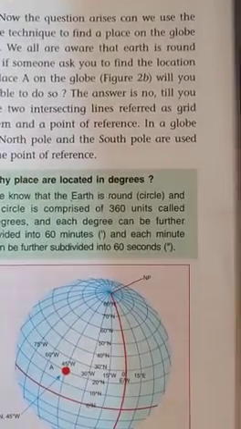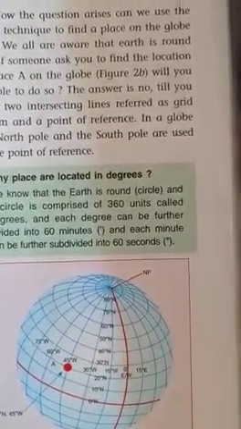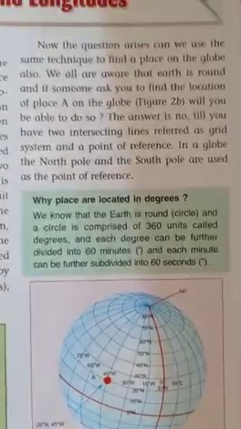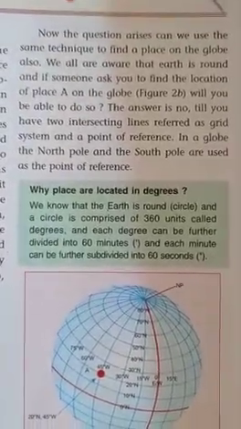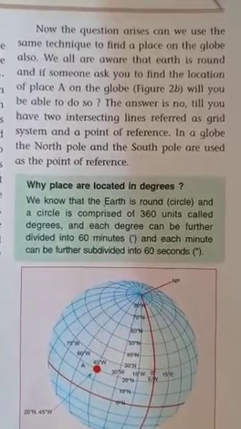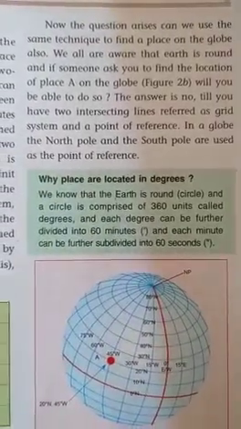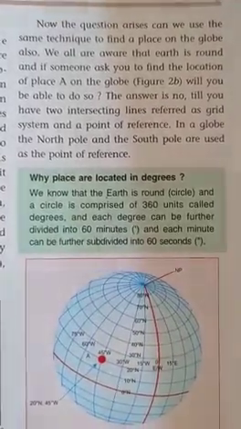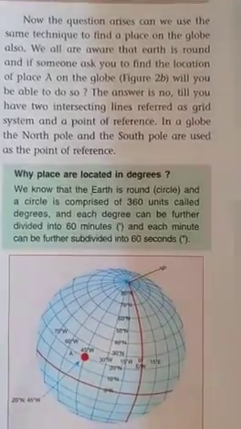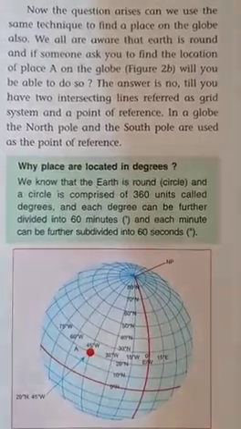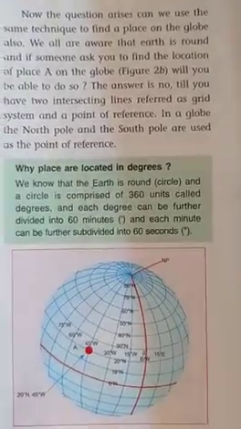The part of the earth above the equator is called the Northern Hemisphere, and the part below the equator is called the Southern Hemisphere, because the top side is the north direction and the down side is the south direction. So India is in the Northern Hemisphere while Australia is in the Southern Hemisphere.